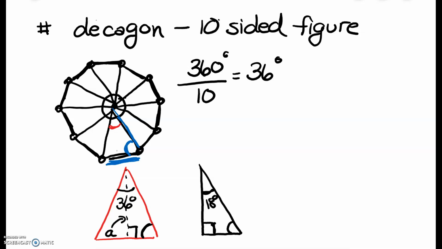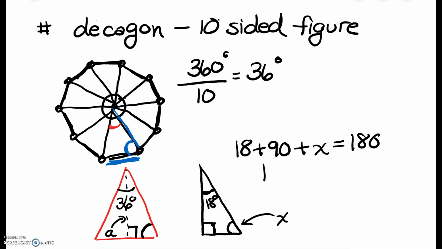And we know that the sum of all the interior angles of a triangle add up to 180. So 18 degrees plus 90 degrees plus, and I don't know that one, I'll call it x, must equal 180. So then I get 108 plus x equals 180.